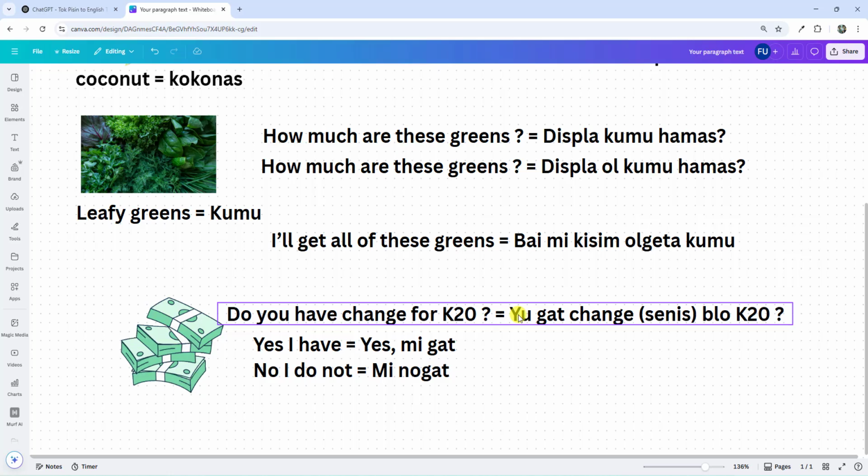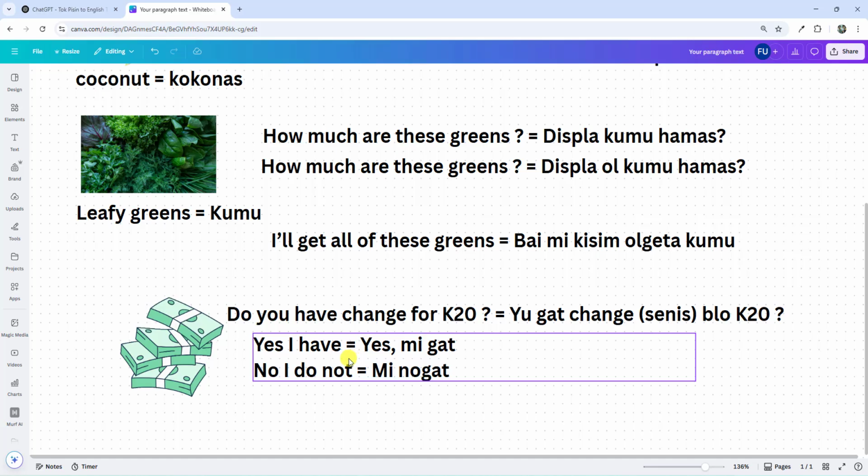You is you, got is have, change is of course change, below is for, and 20 kina. Or you'll also hear people say senis. You got senis below 20 kina.